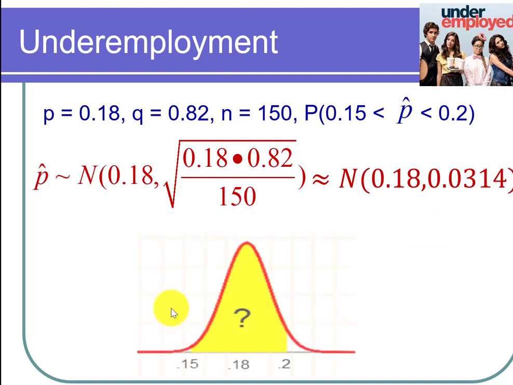Again, we can always look at the picture, and here's the mean of 0.18. We want to see in between 0.15 and 0.2. So that's this area over here, this between area.